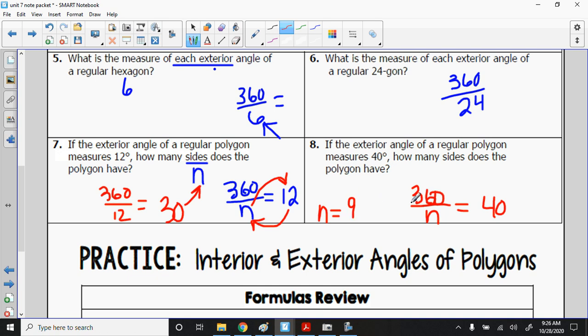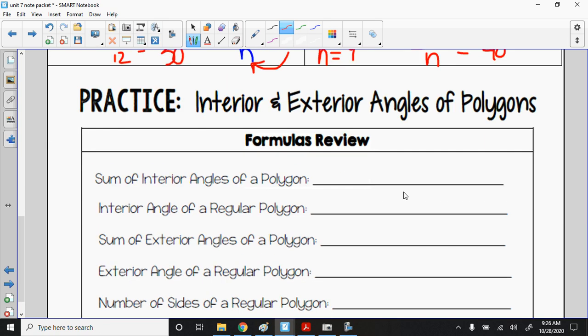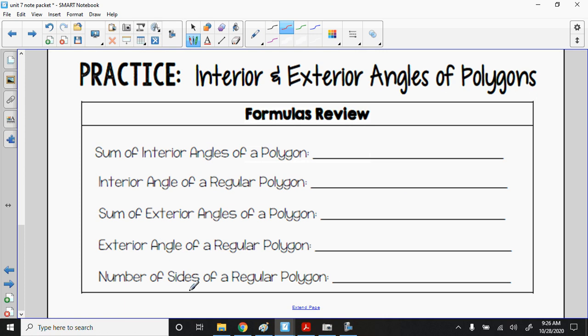Look at all this. This is going to be a huge help for your assignments and quizzes. If it's an open note quiz, and I'm confident that it's going to be, these are the formulas you need to know. If it's not an open note quiz, we're going to do these enough times to make sure you memorize them.